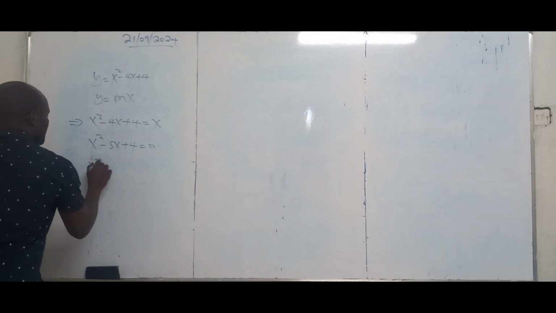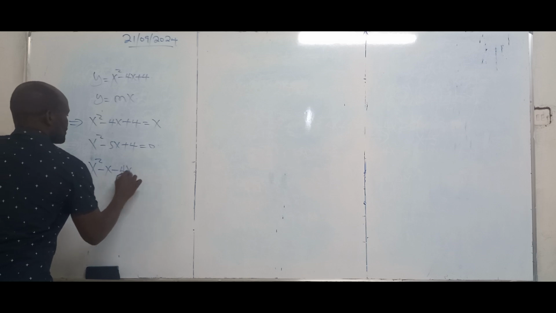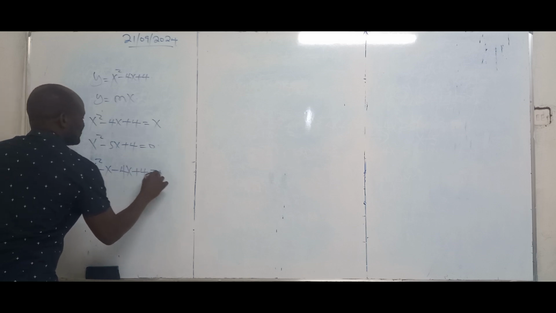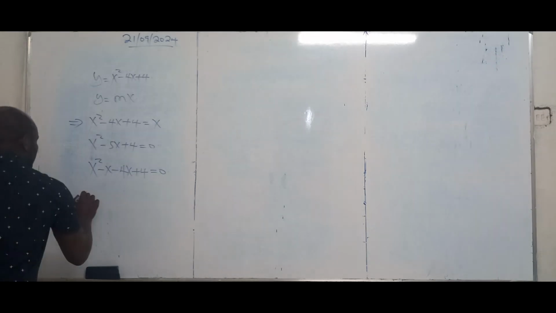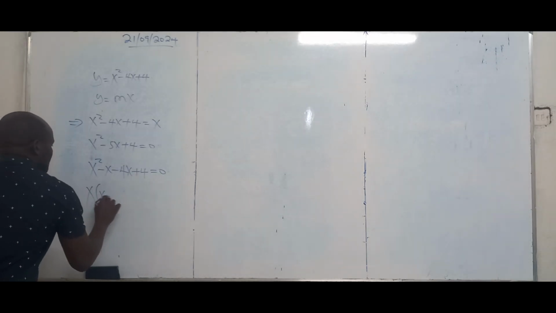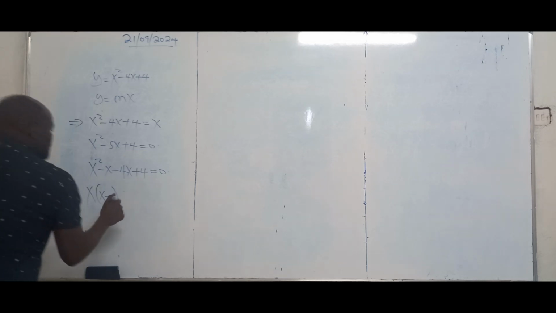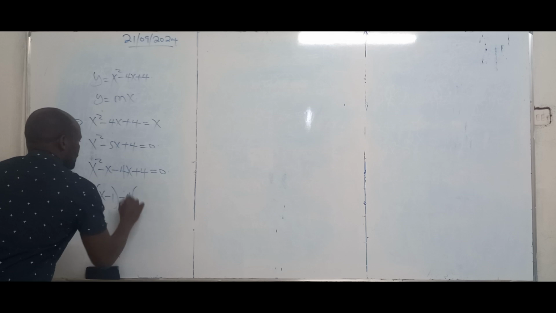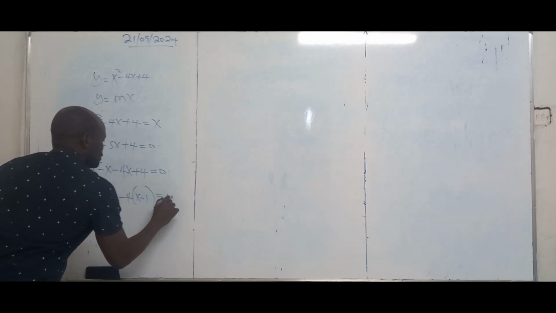So I have x squared minus x minus 4x plus 4 is equal to 0. So x into x minus 1, then minus 4 into x minus 1 is equal to 0.